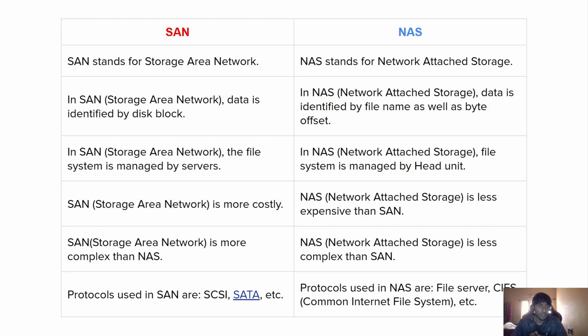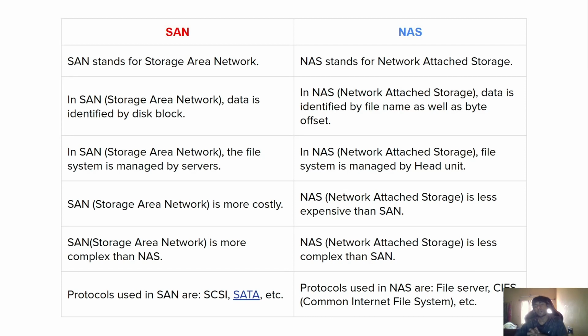In SAN, the file system is managed by servers, whereas in NAS, the file system is managed by a head unit. In SAN, the setup cost and technical knowledge required are more, while compared to that, NAS is less. The protocols used in SAN are SCSI, which is Small Computer System Interface, and SATA, which is Serial Advanced Technology Attachment, and many others also.